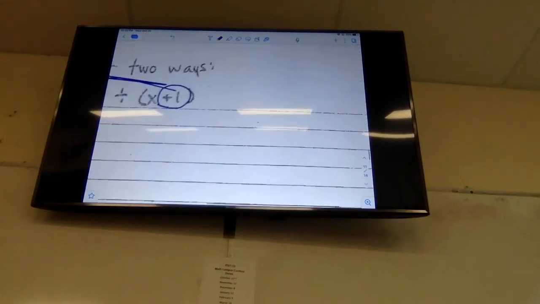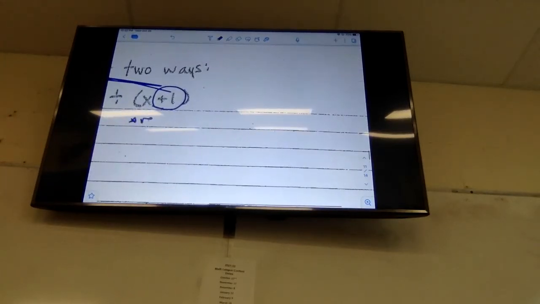Let's see, if I want to write it kind of fancy, the remainder theorem says something like this. We'll just use the example we have.